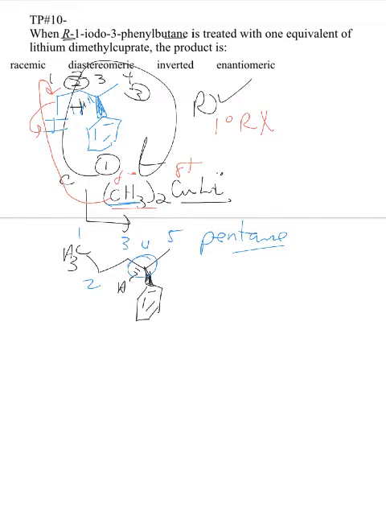Notice you did not do any kind of chemistry on this asymmetric center. So it's still asymmetric. It's still going to be R. And it would be inverted, because it's an SN2. So they're looking for, this would be inverted.